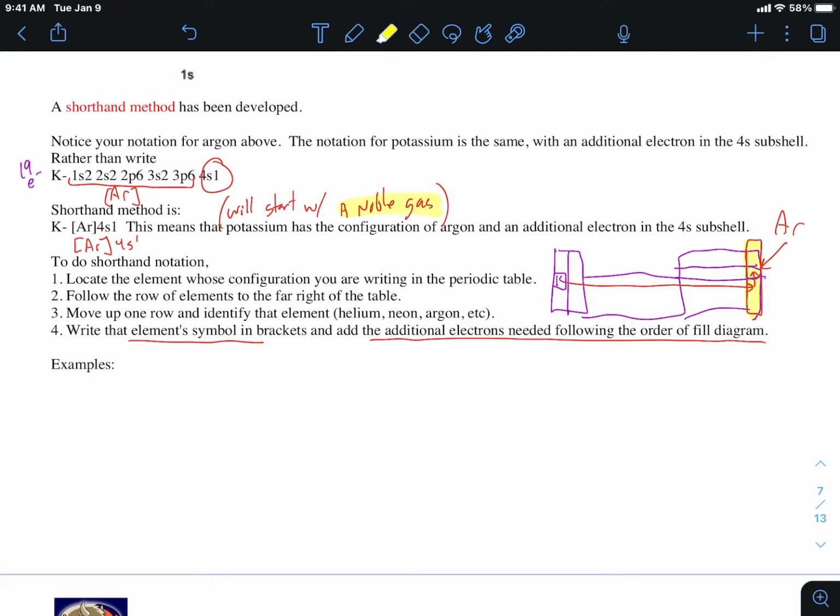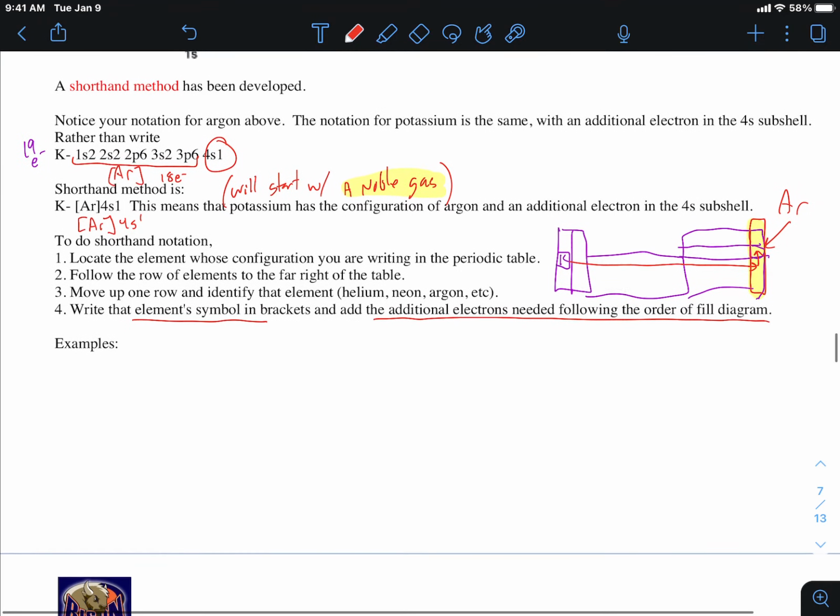Those are called noble gases. So the shorthand method is always going to start with one of those. In total, it's still going to be a correct count of electrons because argon counts for 18 electrons. So instead of writing the SPDF notation for the first 18 electrons, you're just using argon, kind of like a bookmark, since it's equal to it.